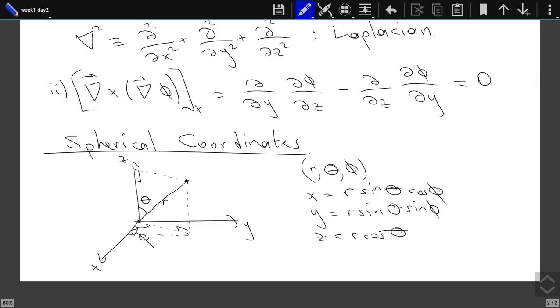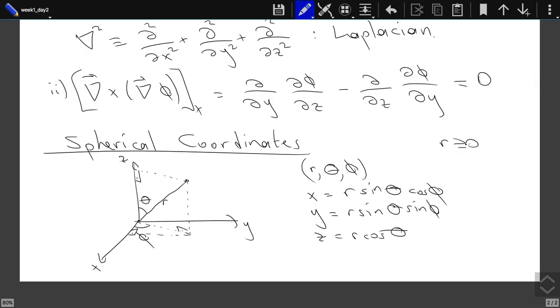Now r is larger than or equal to 0. Now theta and phi, they're of course cyclic coordinates. So to define them uniquely, we restrict their values. What we said was, okay, we started with the z. Theta is the rotation of this vector from the z.